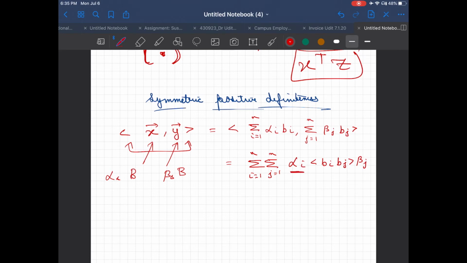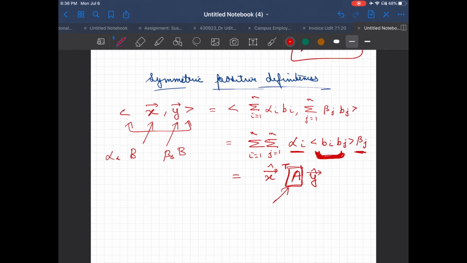And now we see that since this is the coefficient of x, and these are the coefficients of y, we can write this in compact form: the transpose of the vector representing the x coordinates with respect to basis b, then some matrix A together, which represents the uniqueness of the dot product, and this is the representation of y, and I am representing the non-standard basis representation using a hat.